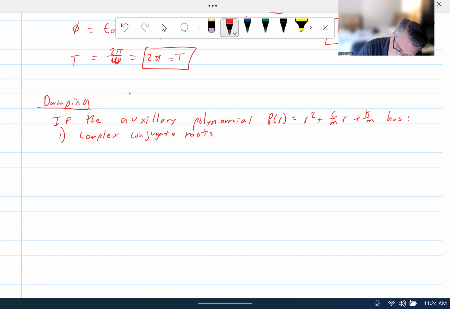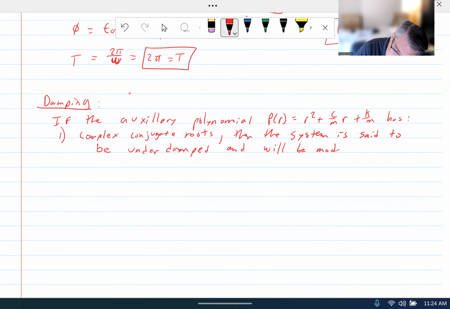then the system is said to be underdamped and will be modeled as this curve.